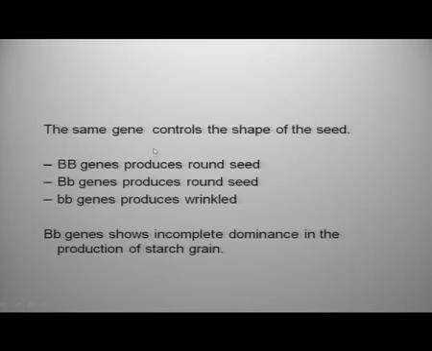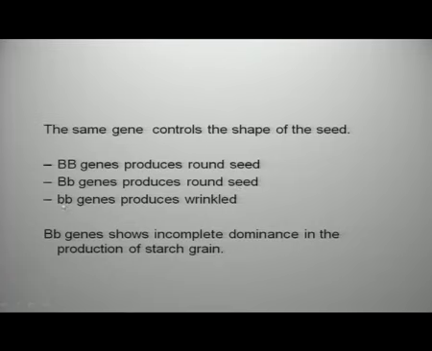The same gene that controls the size of the starch grain also controls the shape of the seed. The dominant homozygous genotype has the phenotype of a round seed. That means capital B produces the large-sized starch grain, and as a result the shape of the seed becomes round. In the heterozygous condition also it produces a round seed.